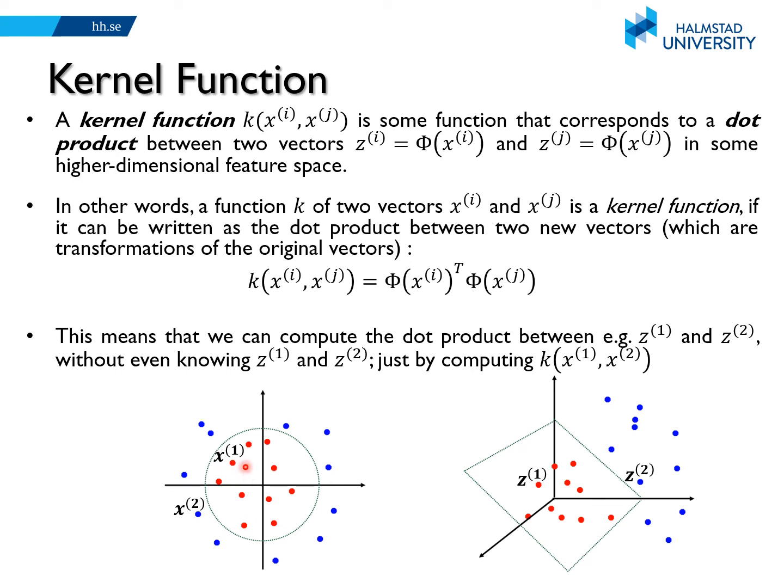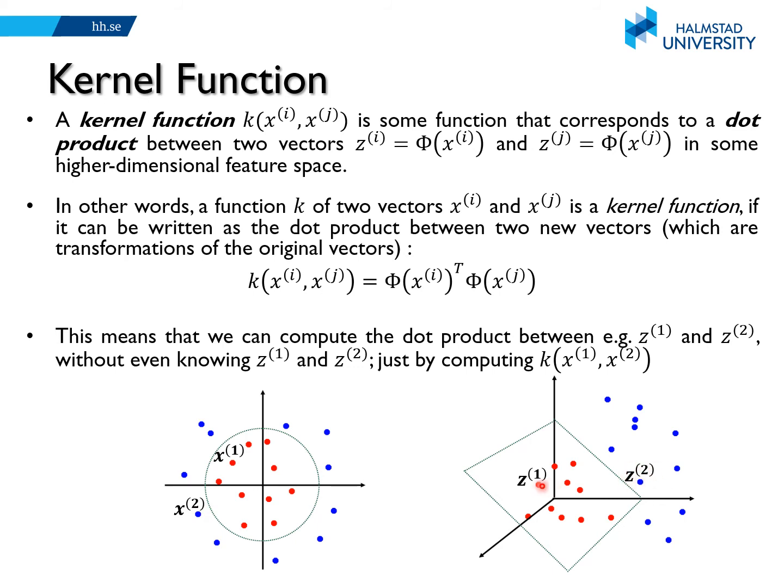So if, for example, we have these two data points, x1 and x2, and if x1 is mapped to a higher dimensional space, let's say that it corresponds to this point, z1, and if x2 is mapped to a higher dimensional space, let's say that it corresponds to this point, z2.